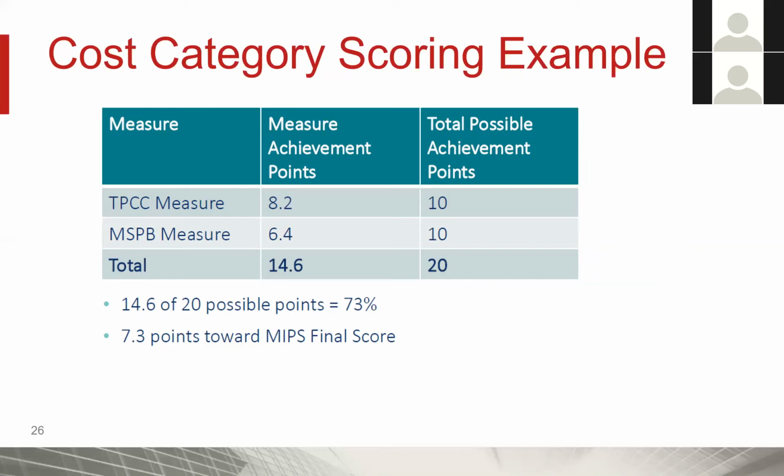When we add that up, that's a total of 14.6 measure achievement points out of the 20 possible achievement points this particular provider could achieve. So 14.6 out of the 20 possible points is 73%, or 7.3 points towards your MIPS final score. So this clinician will earn a score of 7.3 points out of 10 points in this particular performance category.